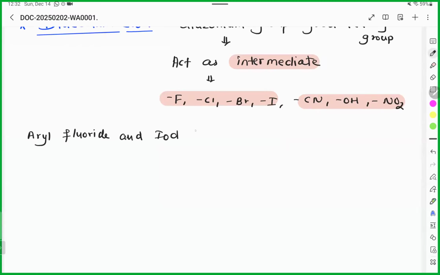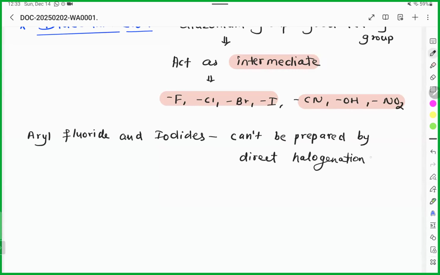These two molecules cannot be simply prepared by direct halogenation. Why? Because one is too reactive and the other is not reactive at all.